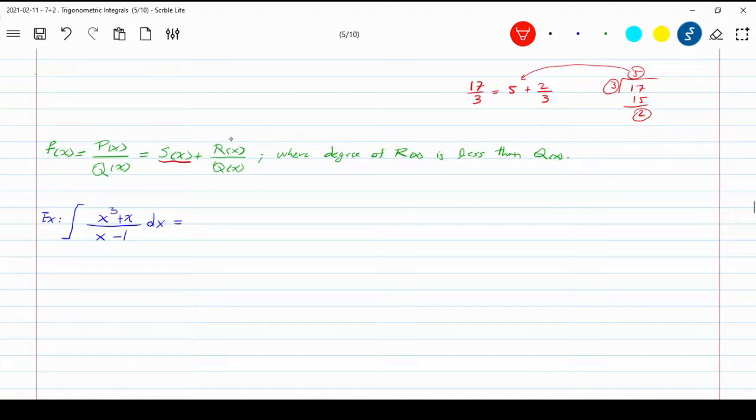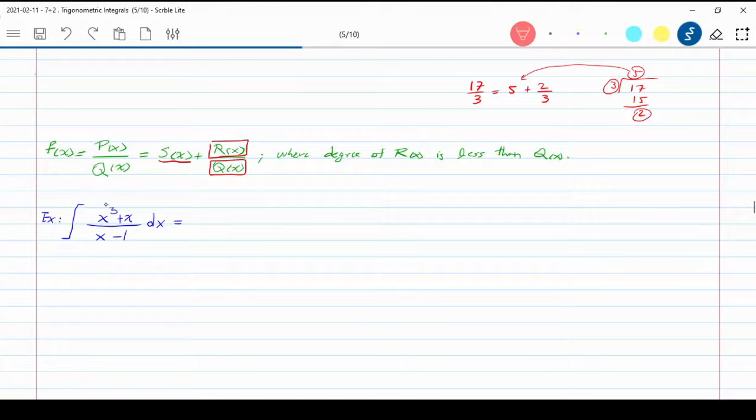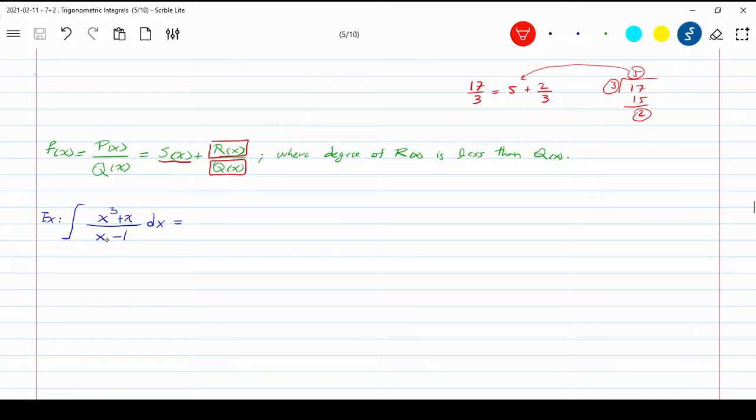And then the remainder is going to be a fraction where the numerator, R(x), has a degree at least 1 smaller than the denominator. In that case, we will deal with this fraction similarly to what we did in the last example. All this can be explained through this next example. So let's say you have this fraction and you try substitution.